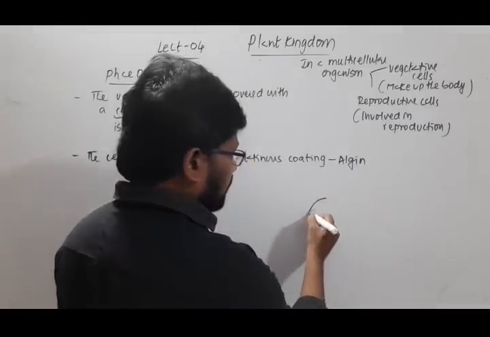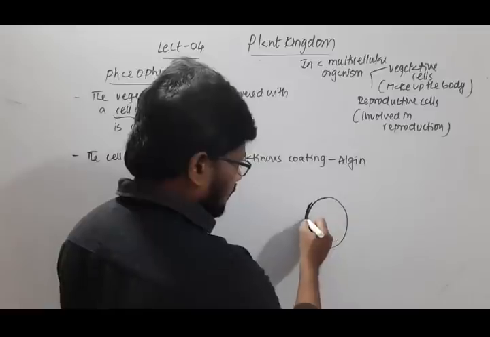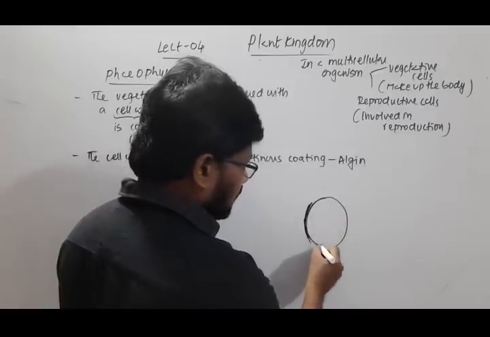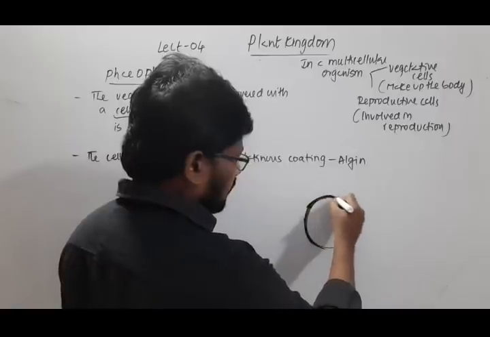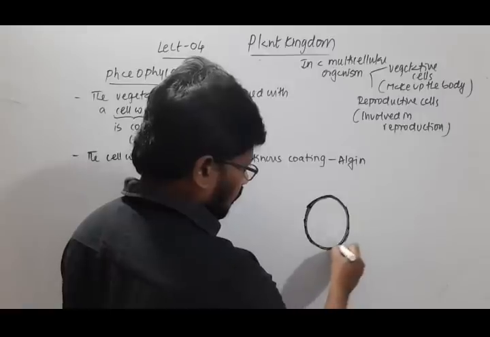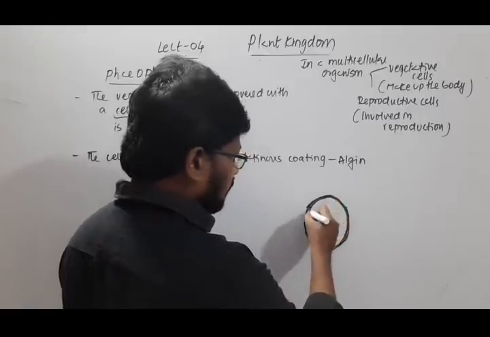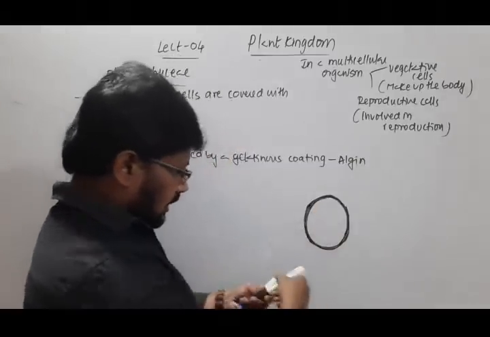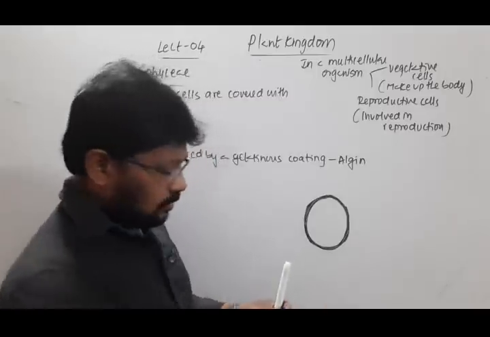So here we take a cell. Here there will be the thickness of the cell wall, and this is covered by a gelatinous coating.